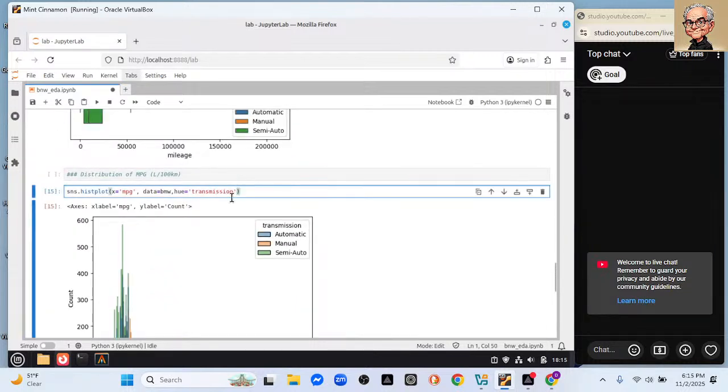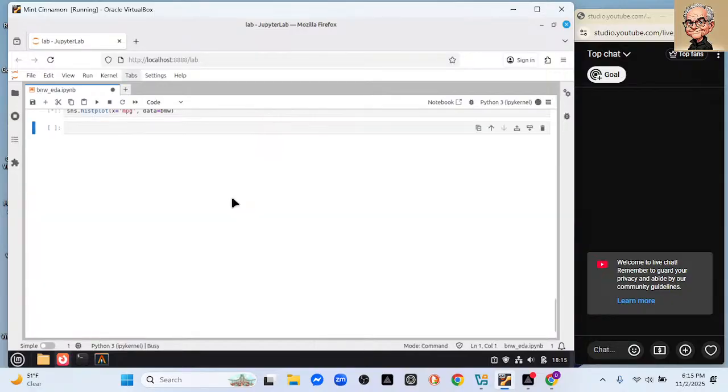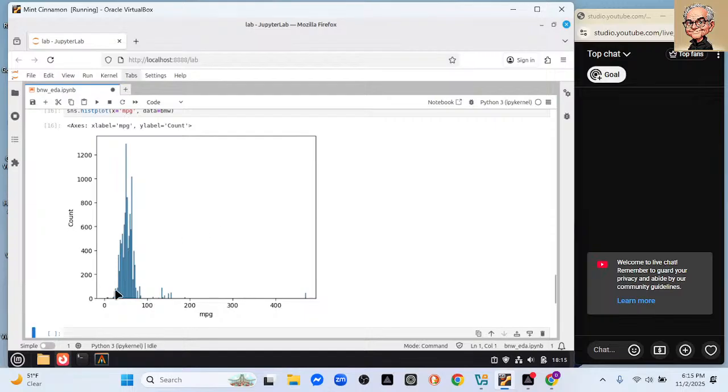That's interesting, but I think it's a little confusing. Okay, that was strictly a demonstration. Let's rerun this here now. So you can see most of the cars are around, you know, 50 kilograms or something like that. Okay.